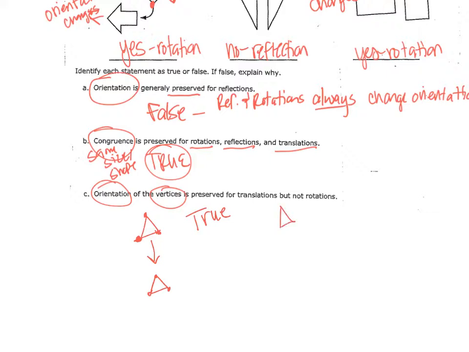If I take this triangle and I look at those vertices, A, B, C, we'll say, and say I turn it 90 degrees, now I've got A up here, B down here, and C over here. So the direction of those vertices is preserved for translations, but not rotations. So that's true. This preserves the orientation, this does not.